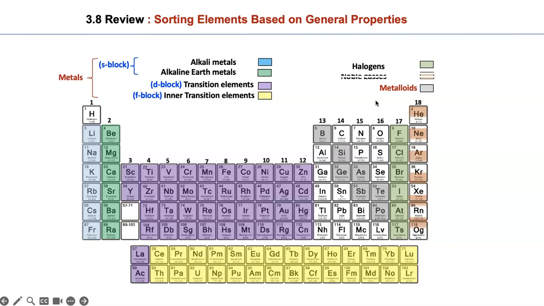And then we have the noble gases in group 8: helium, neon, argon, krypton, xenon, radon, and I have a hard time pronouncing this, oganesson or something like that.